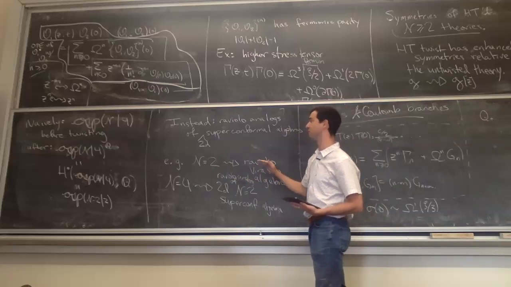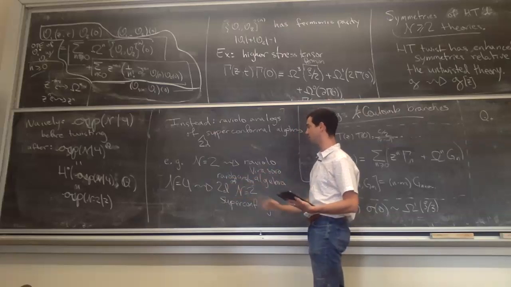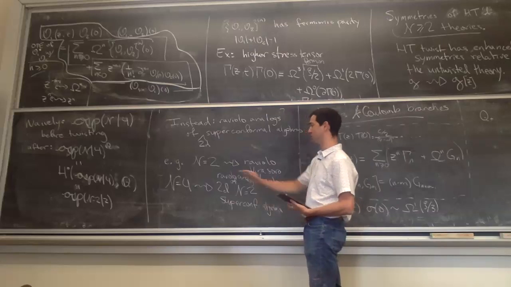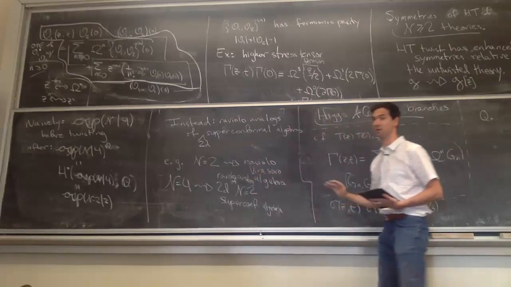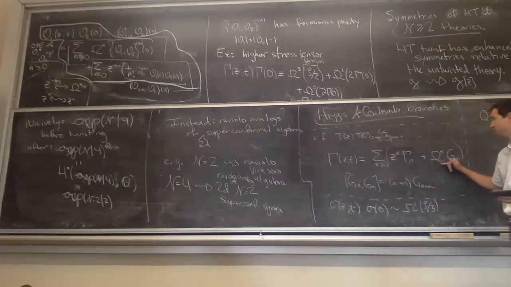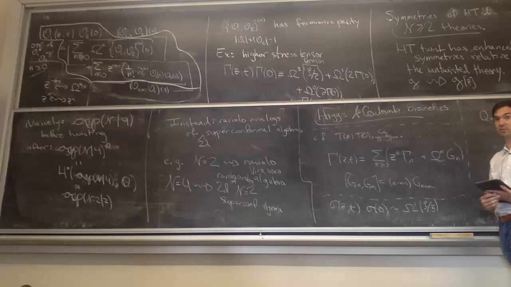Each one of those superconformal algebras, for example, just Virasoro, or n equals 2 superconformal, or large n equals 4 superconformal, all your favorite superconformal algebras should have raviolo analogs in this same fashion, where the positive modes agree, namely these ones proportional to omega n. That will be the exact same as the usual superconformal algebra.